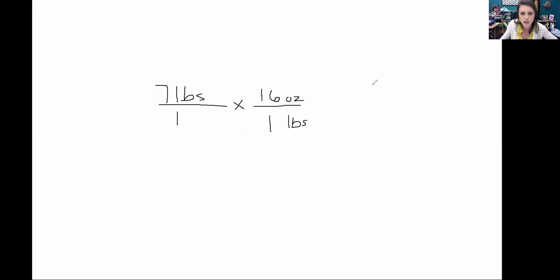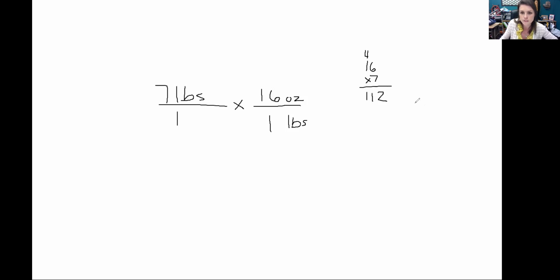7 times 16, I can do it on a calculator or I can do it the long way. 7 times 10 is 70, 7 times 6 is 42. Add those together, we get 112. We can do it this way too: 7 times 6 is 42, 7 times 1 is 7, which gives 112.